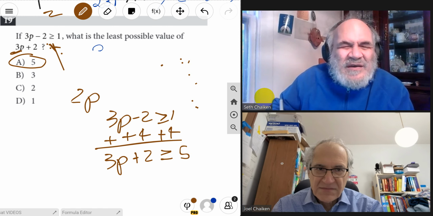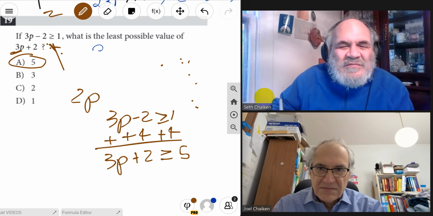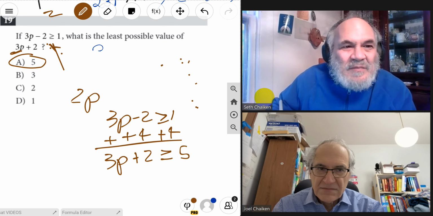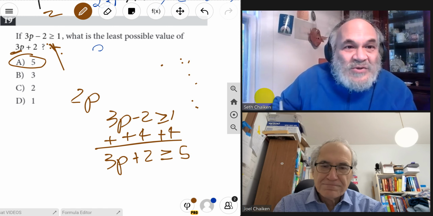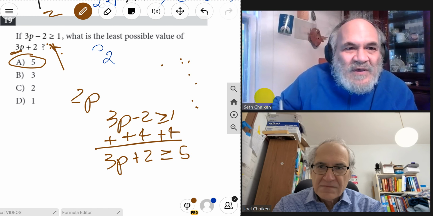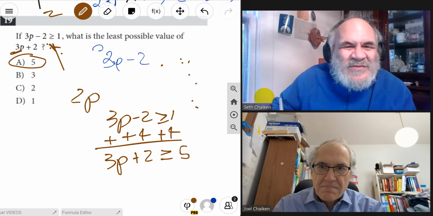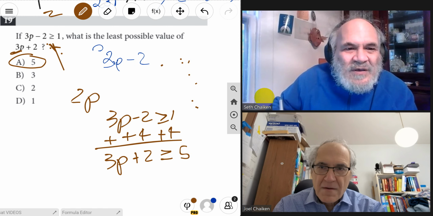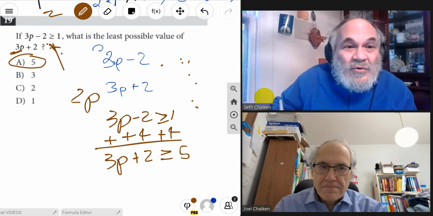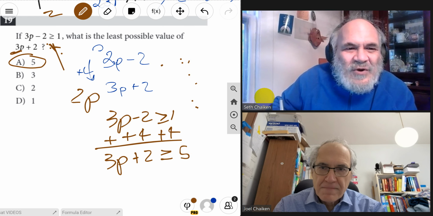I identify this is an even more striking feature of the pattern. Let me write it out. What you're given is 3p minus 2, and then you're wondering about 3p plus 2. Well, you get from here to here by adding 4.